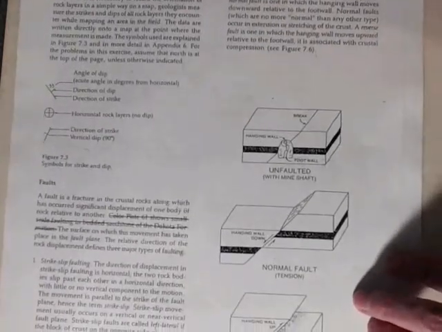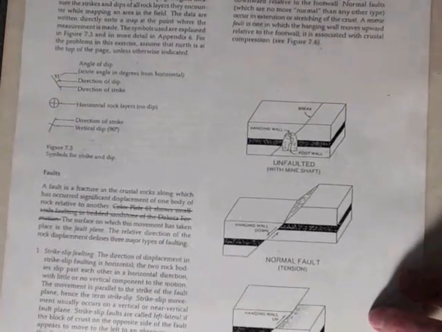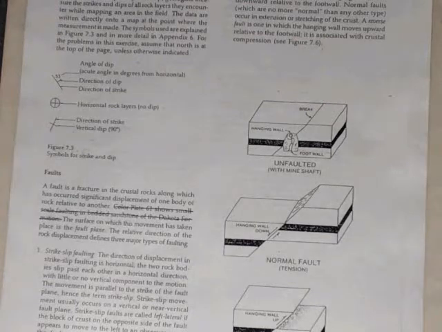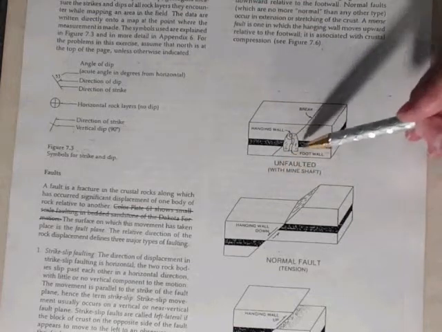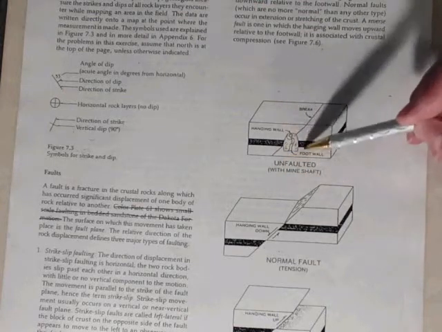So here in this first little picture, again page 3, is an unfaulted mine shaft where they have gone in and dug around a fault line. So there's your break, kind of going with the dipping plane there. And our little miner is digging through.